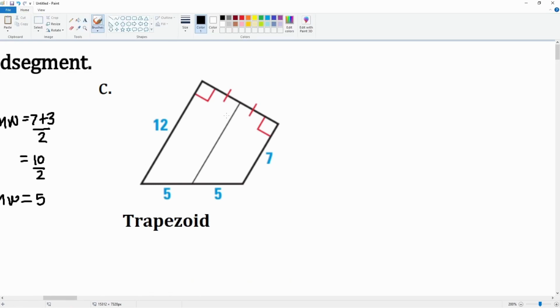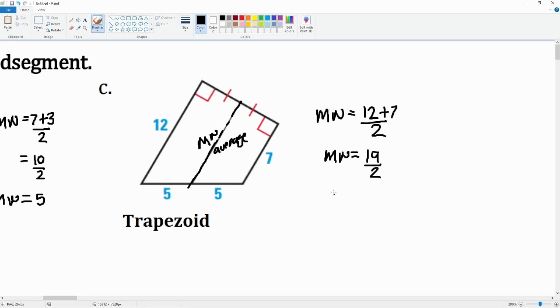This mid-segment, again, is right here, the middle. And we could just use the letter MN. And please understand that that is just going to be considered the average. MN is going to be equal to 12 plus 7 divided by 2. 12 plus 7 is 19, divided by 2.